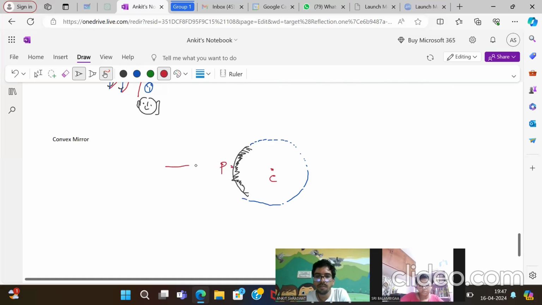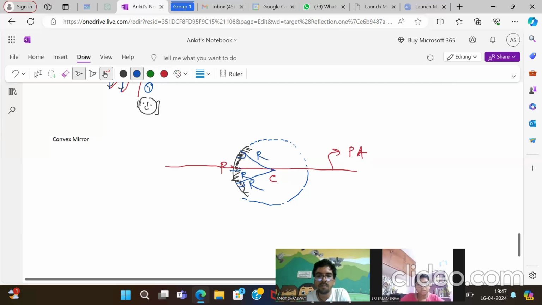This is the pole. This is the principal focus. Principal axis. Any line you draw, this is the radius of curvature and this is perpendicular. Any line striking the mirror is a radius of curvature.